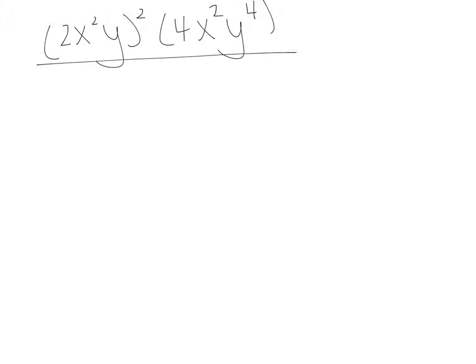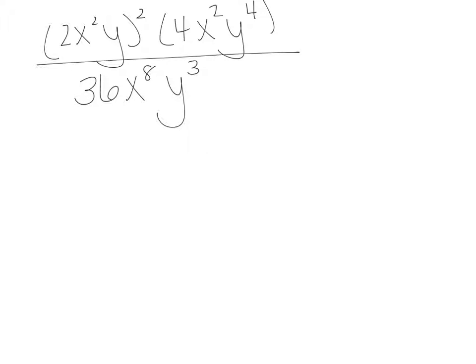Last question I want to practice. X squared y, which is all squared, times 4x squared times y to the 4th, all over 36x to the 8th y to the 3rd.